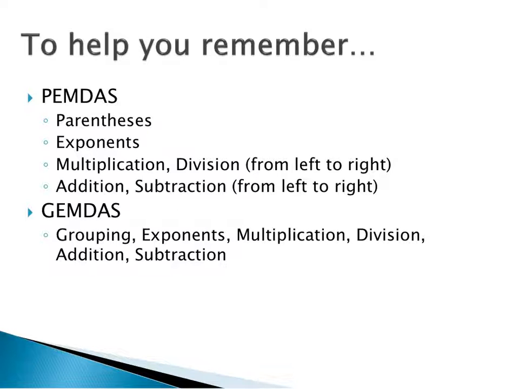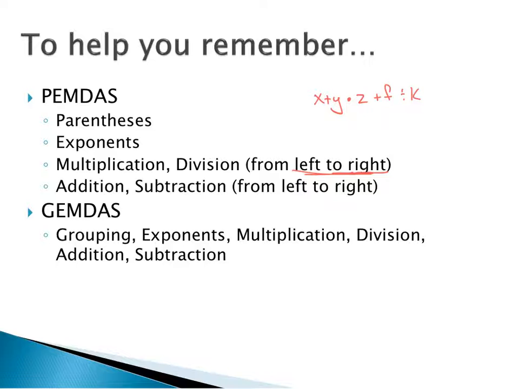Always do your parentheses or your grouping first. If there is a parentheses or bracket anywhere in your problem, focus on that first. Exponents or powers are next in line. Multiplication and division, the biggest thing I want you to remember and to notice is that it goes from left to right. It doesn't matter where the multiplication or division is in the problem, but let's say you have x plus y times z plus f divided by k.